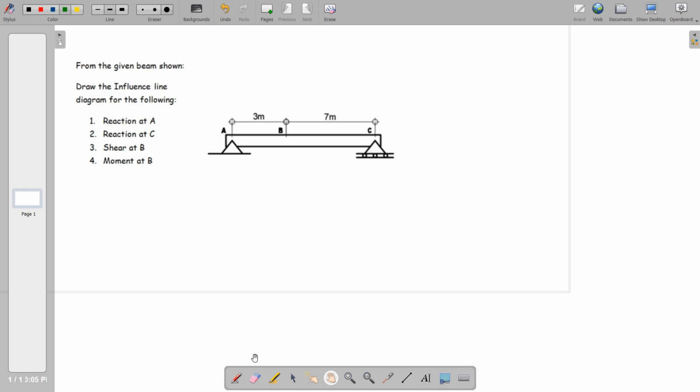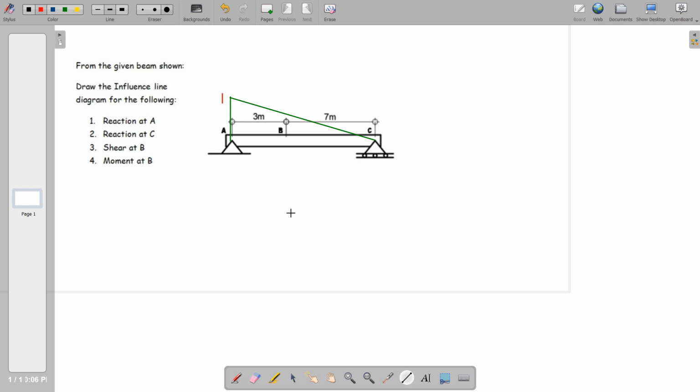The first requirement is to get the ILD for the reaction at A. So we remove this pin connection here and let it move vertically upwards, allowing A to move vertically upwards by 1.